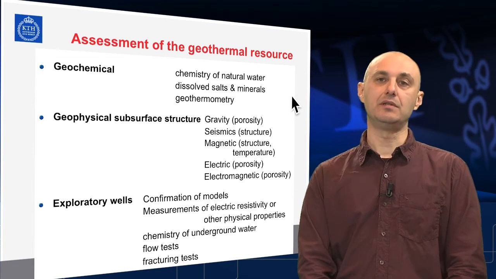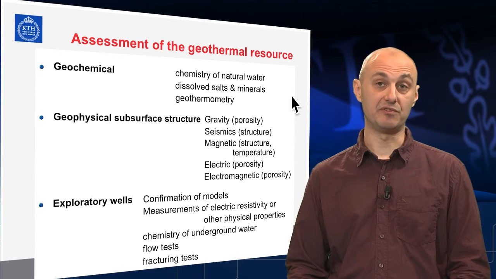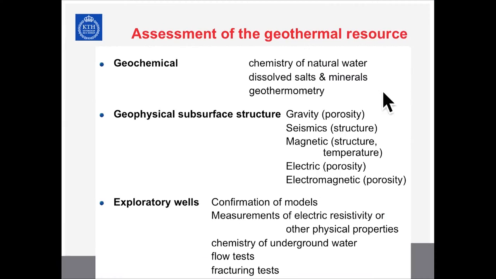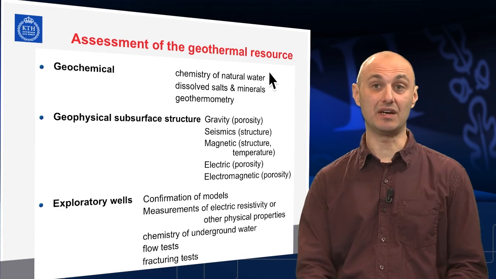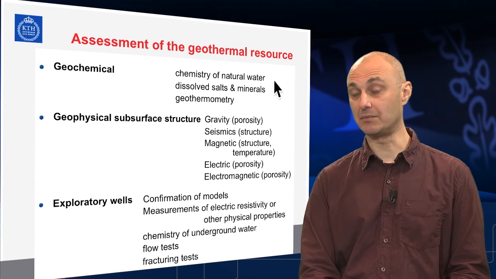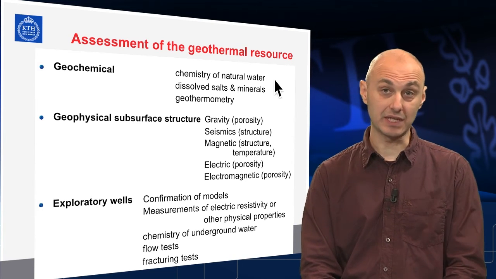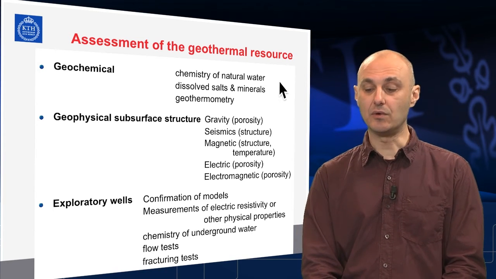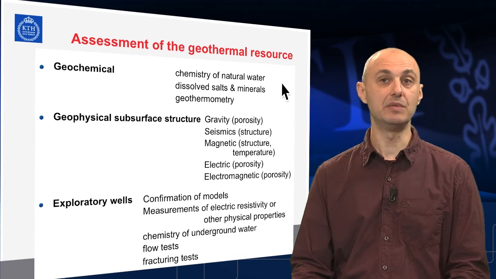Long exploration is necessary before drilling begins, and the exploration can be done in different ways. The easiest first step would definitely be to explore the outer surface. What kind of springs there are in the area, what kind of water comes out to the surface, the chemistry of that water, dissolved salts, dissolved gases and so on. All hot springs are actually quite mineralized.